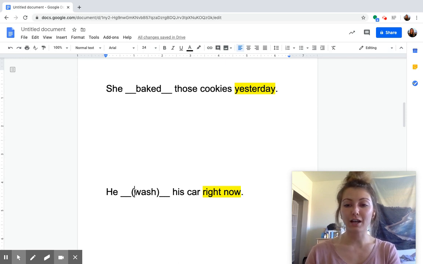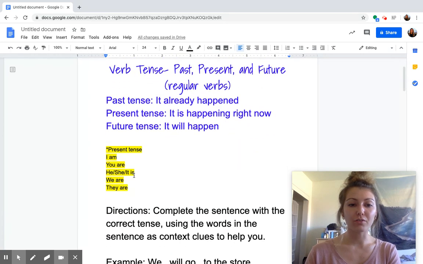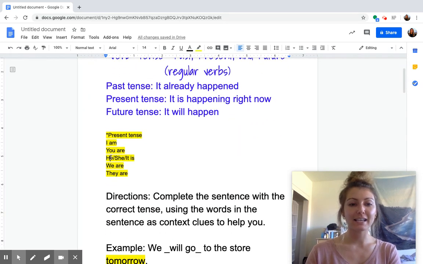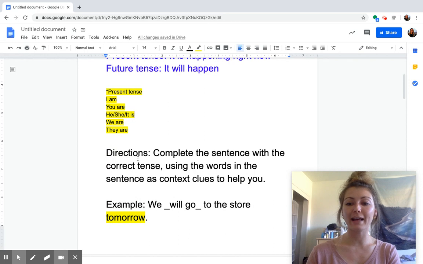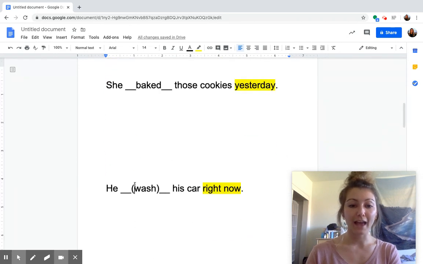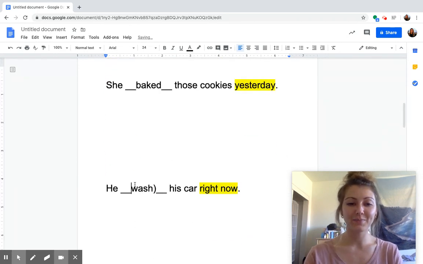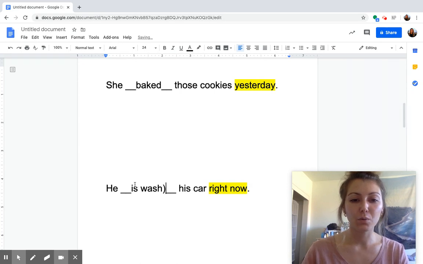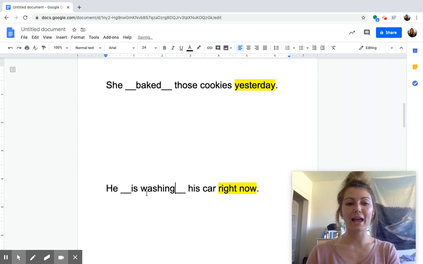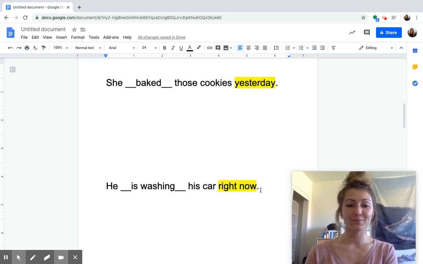We learned yesterday how to put our verbs into present tense. It says he is, and then we add that ing ending. Do you remember that from yesterday? He is washing. So we added is, and we added this ing ending. He is washing his car right now. Get that down in your composition book, and let's move to our next one.